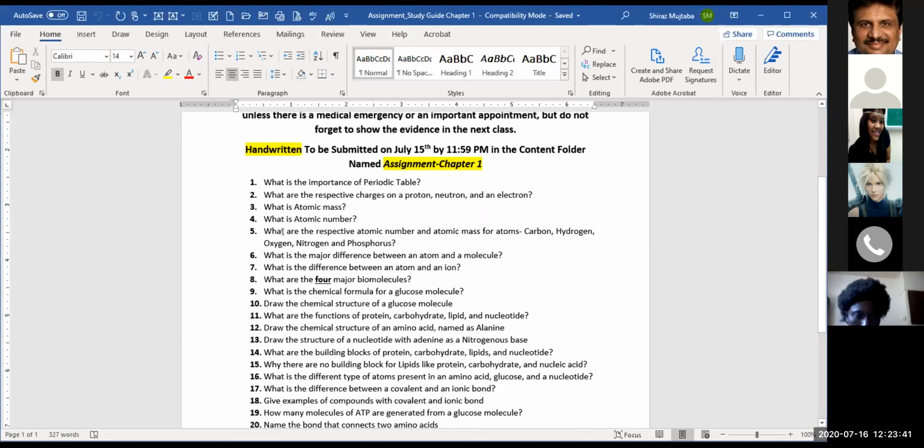Now, the fifth question is, what are the atomic number and mass for atoms carbon, hydrogen, oxygen, nitrogen, and phosphorus?